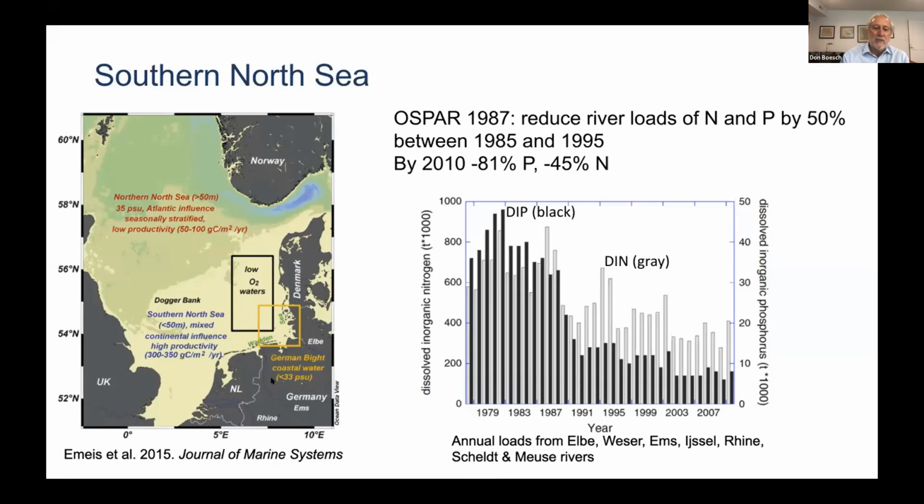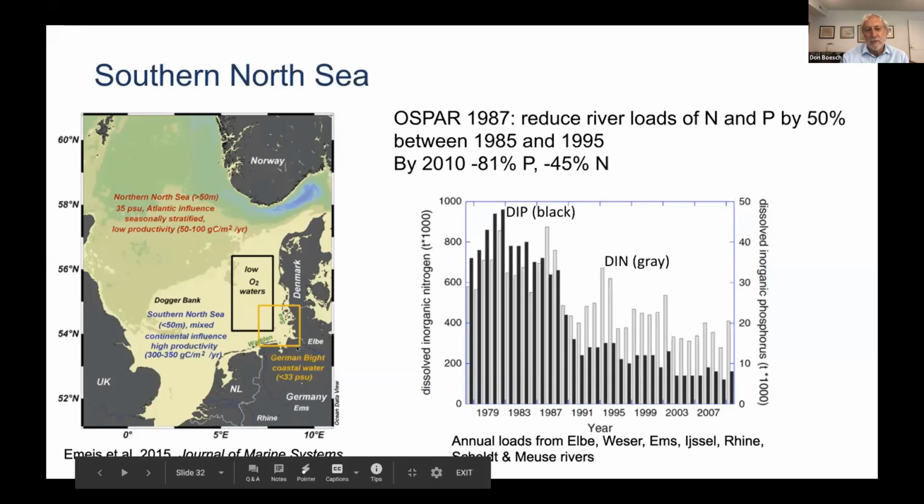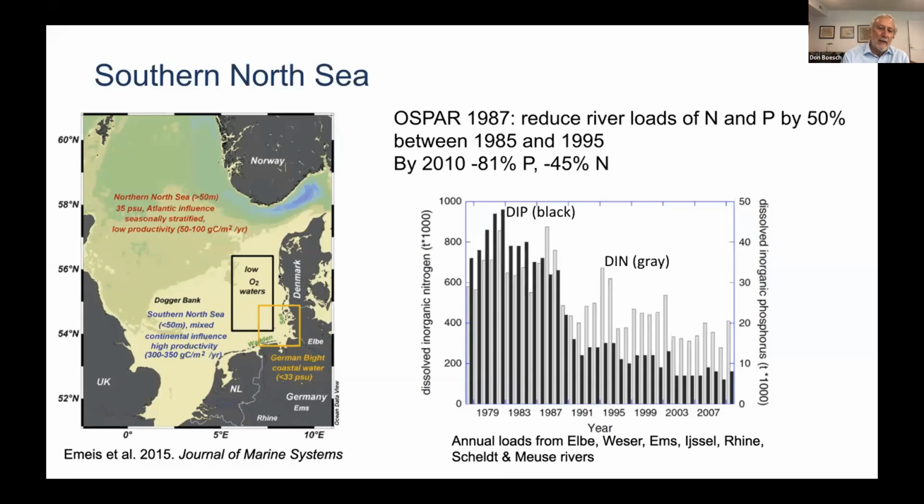And there's been a major effort to reduce the input of nutrients from the major rivers, the ones you know mostly about are the Rhine and the Elbe coming into this system. The flow takes that water to the north, so the impact of this has gone all the way up the coast onto the Wadden Sea area here and caused a lot of degradation of the water quality and habitats in that area.